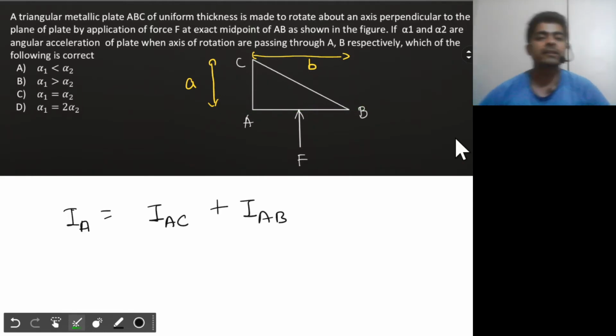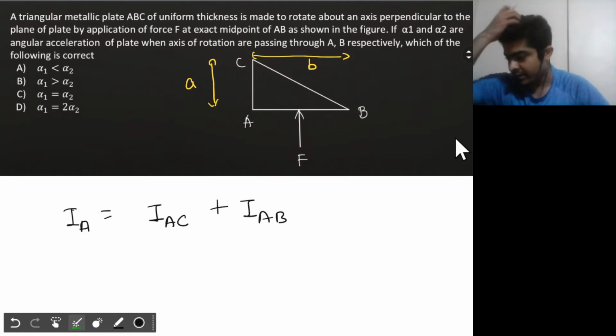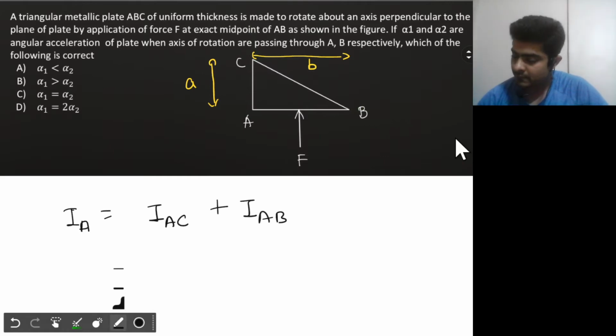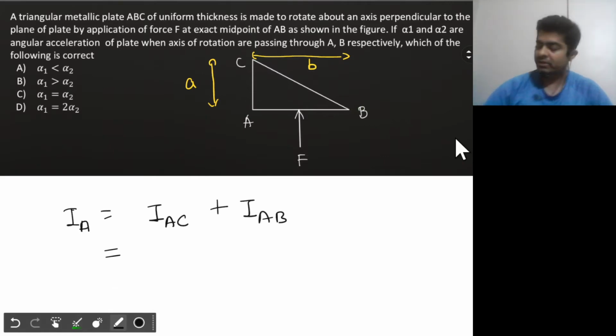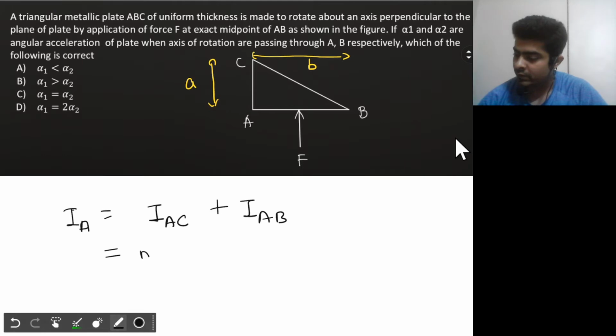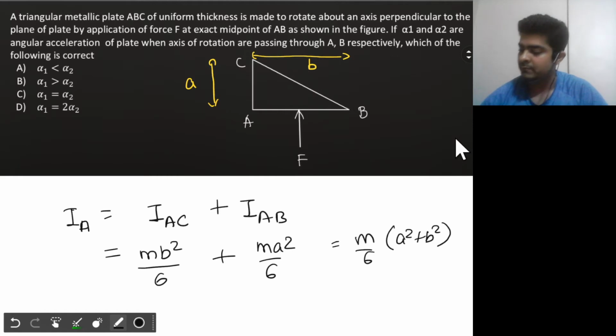So I can obtain the moment of inertia about A. Correct. So IAC is how much? It will be equal to MB square by 6. IAB is how much? MA square by 6. So this is equal to M by 6 (A square plus B square).